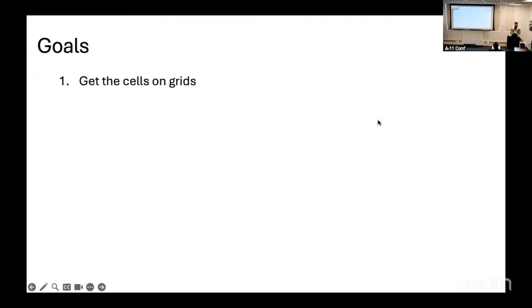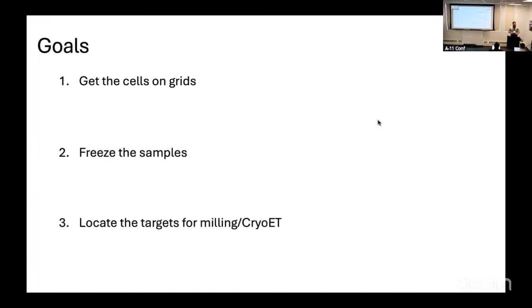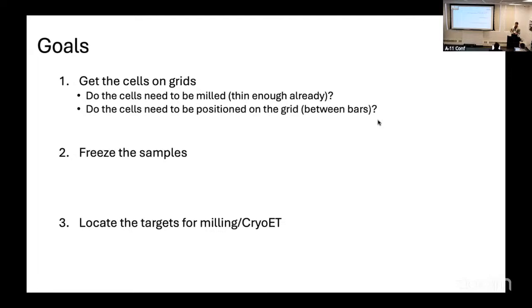So the goals, like I said: first, get the cells on the grid. Second, freeze the samples. And third consideration is, how do you locate the target for milling or cryo-ET? So in the first part, getting the cells on the grid. She talked about sometimes things don't need to be milled if they're thin enough already. So that's a consideration. Also, do the cells need to be positioned in the grid?